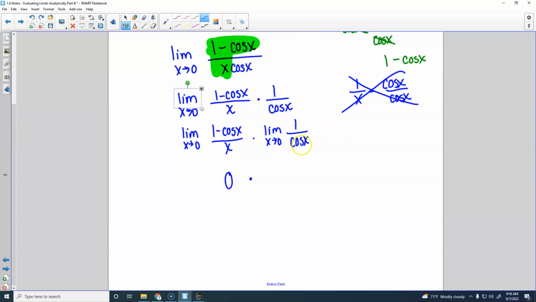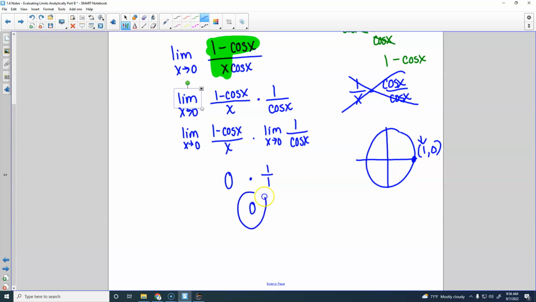But we just found cosine of 0 a little bit ago. What was cosine of 0? We're at this point right here, 1, 0. It is your x coordinate right there. So it's 1 over 1. 0 times 1 is 0. These problems can be a little frustrating because you just get zeros and ones as all of your answers. If you have to guess on a problem like this, guess 0 or 1. It's probably going to be right.